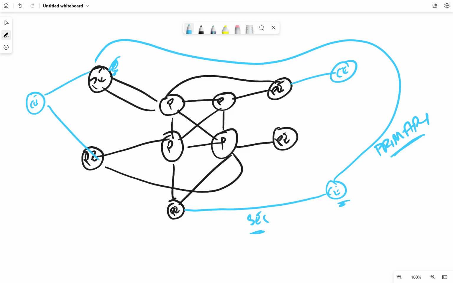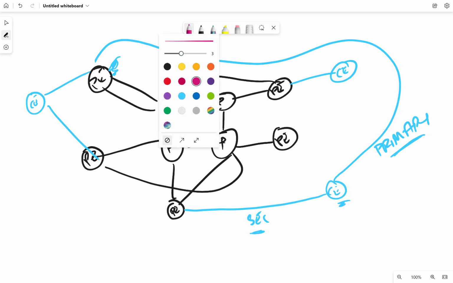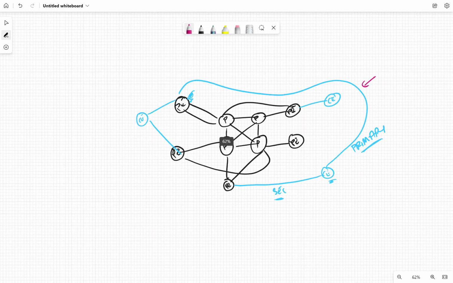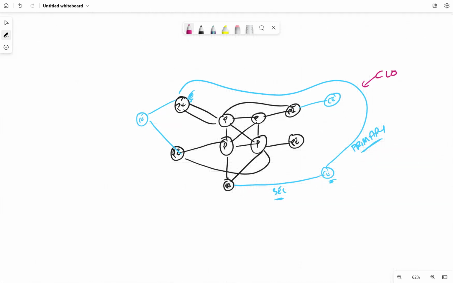So if I change the ink colour, this link here might be closer to this POP than it is to this POP, which means the latency is likely to be less. However, that does depend on the type of circuit as well.